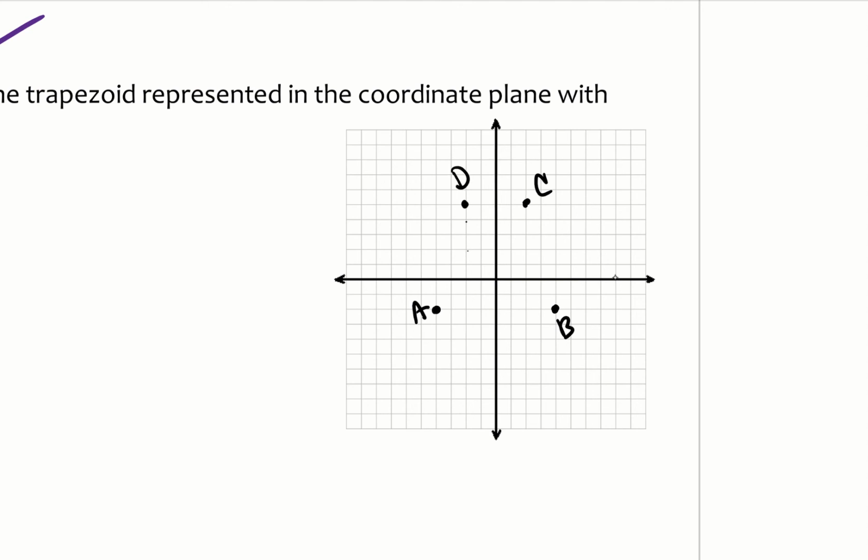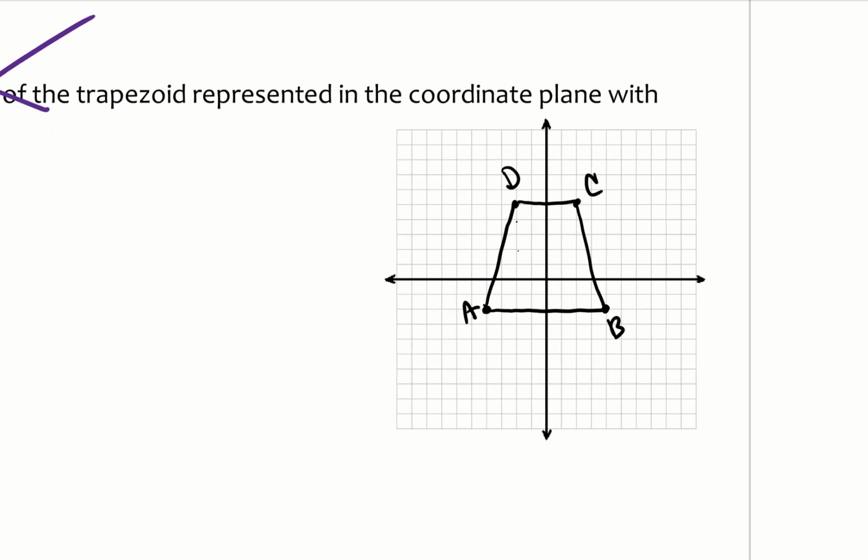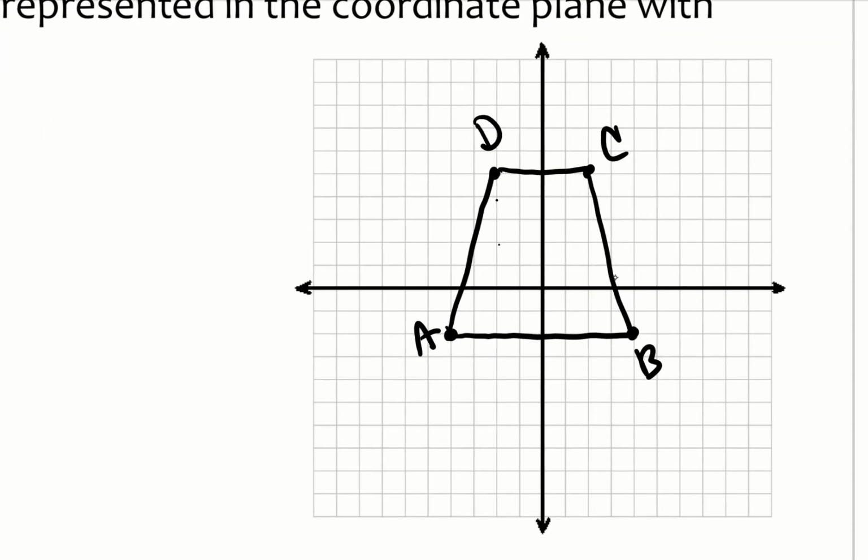All right, so this is trapezoid ABCD. We're interested in doing the perimeter of the trapezoid. So the perimeter is the distance all around the outside. Okay, so let's go ahead and figure out the distances here.